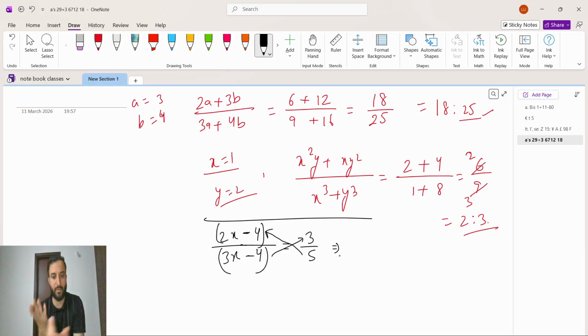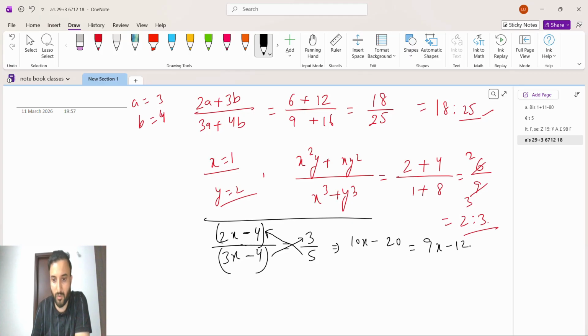It will become wrong, there will be a mess. So see, 5 times 2x is 10x minus 5 times 4 is 20, which equals 3 times 3x is 9x minus 3 times 4 is 12. I will bring the x to one side, then I will send the constant to the other side because like terms one side, unlike terms other side.